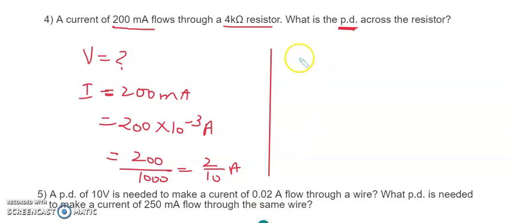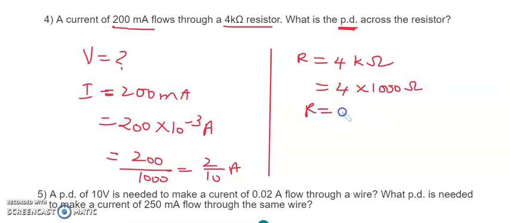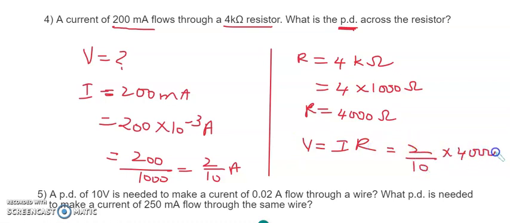The next is your resistance, which is given as 4 kilo ohm, meaning 4 multiplied by 1000 ohm. So resistance is 4000. Then you will say voltage equals IR, which is 2 by 10 multiplied by 4000, which should be 800 volt.